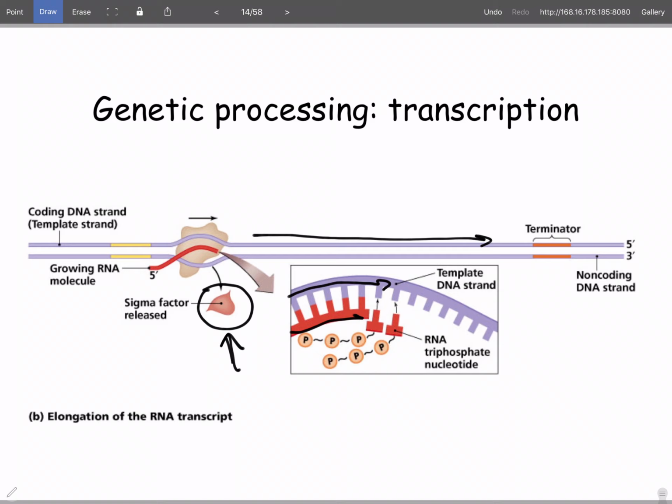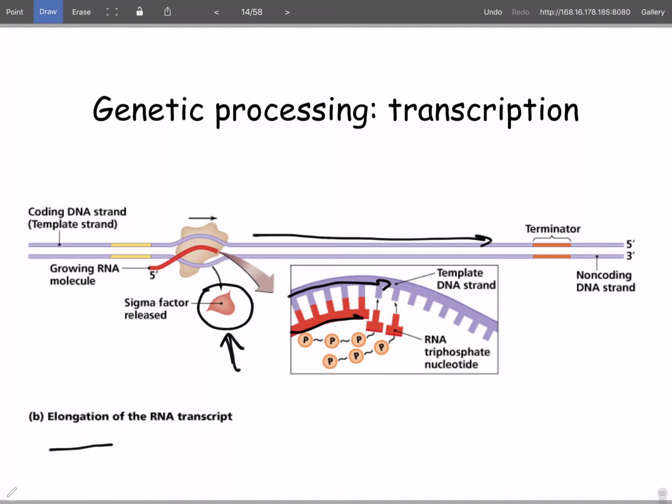So once you move into the eukaryote, it gets a little more complicated than just is the sigma factor present or not, right? Eukaryotic cells don't have sigma factors, they have transcription factors, but generally there's more than one regulating a particular process, okay? So it gets a little more complicated.